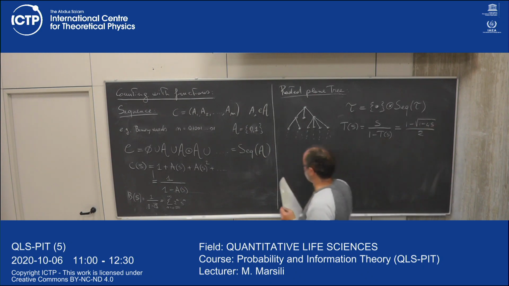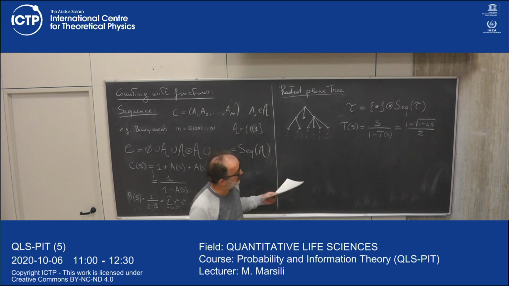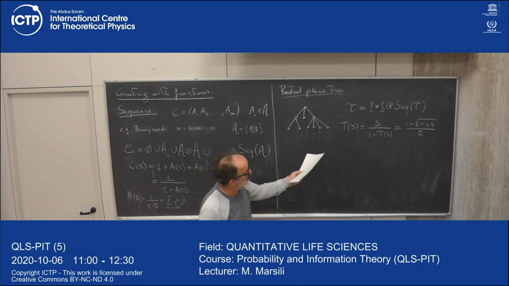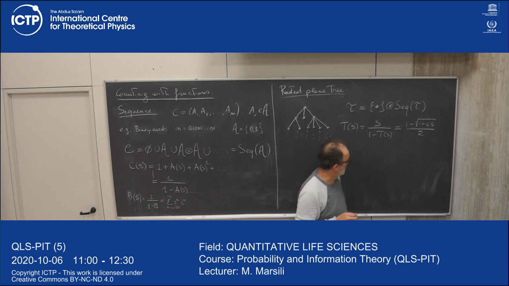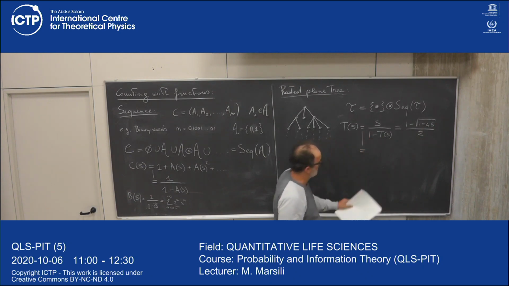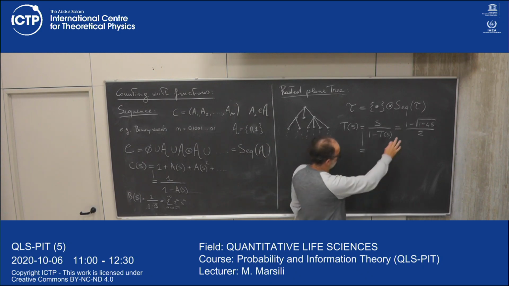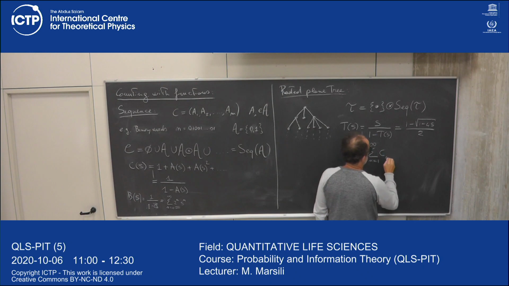So you realize that this expression is very similar to the one that we obtained before for the triangulations. Indeed, when you work out the power expansion of this expression, what you find is that it is given by the Catalan number of order n minus 1.